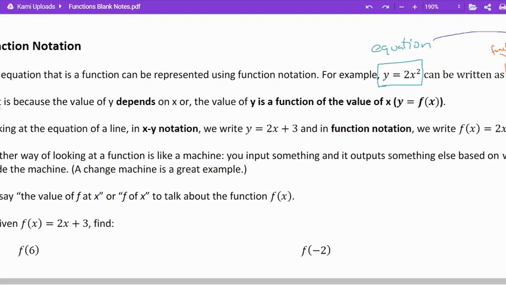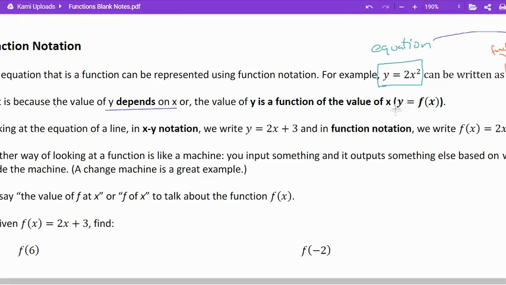The reason we write it as f of x is because the value of y depends on x. Remember we said the y variable is the dependent variable and it depends on whatever the x is. The value of y is a function of the value of x.